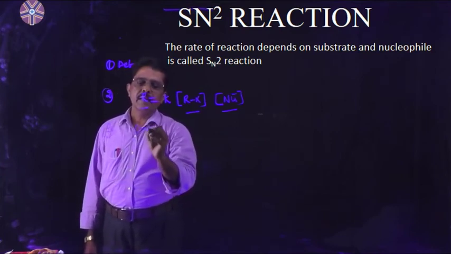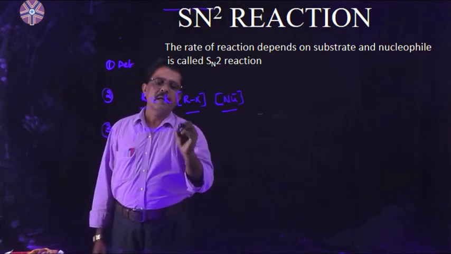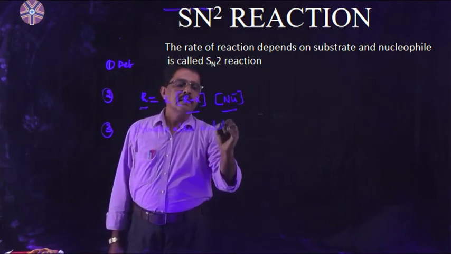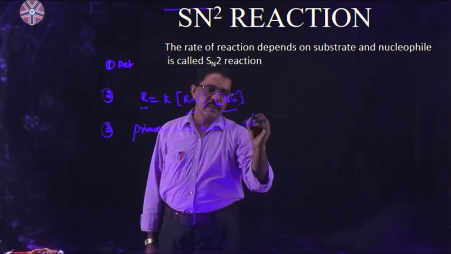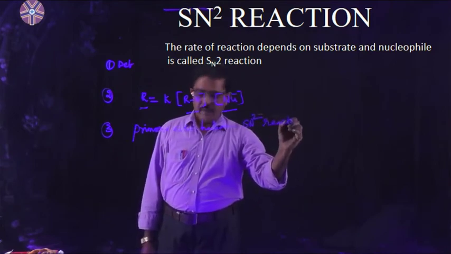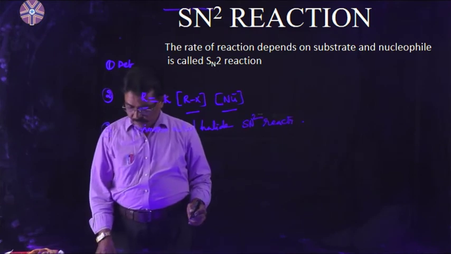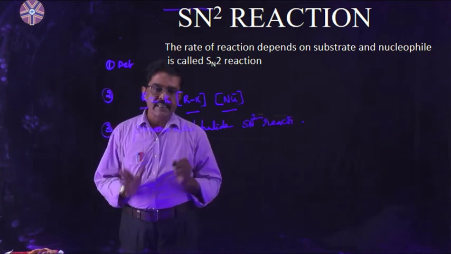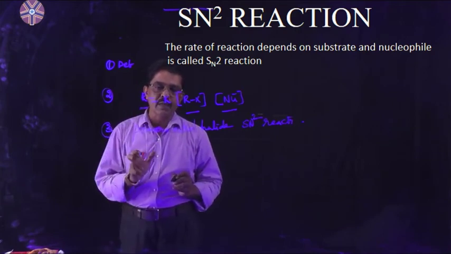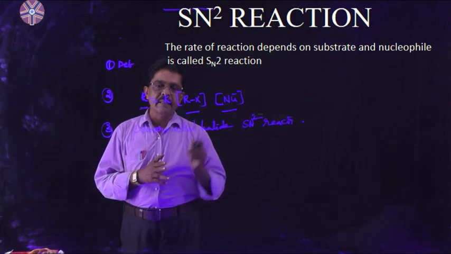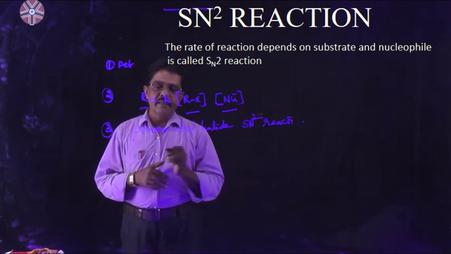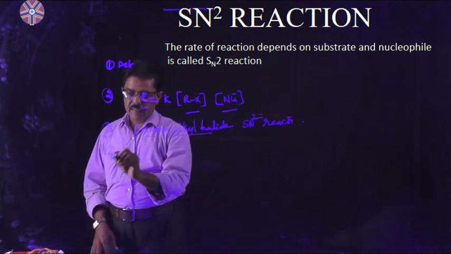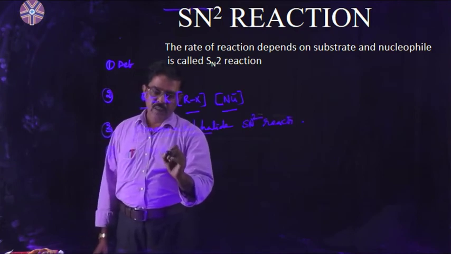Primary alkyl halide undergoes SN2 reaction because of less steric hindrance. Steric hindrance means bulky groups should not be present on the halogenated carbon. Then only it undergoes SN2 reaction.